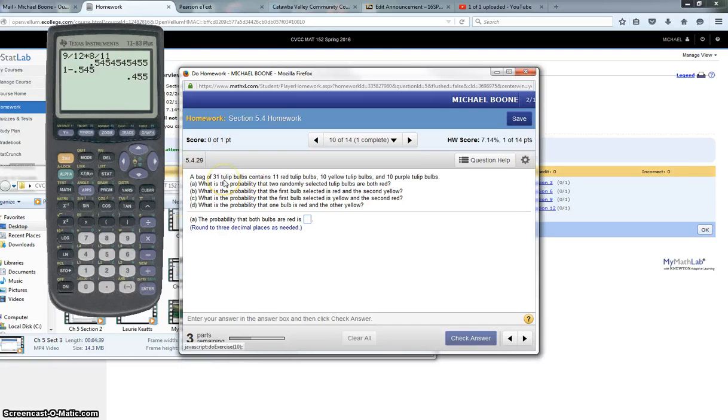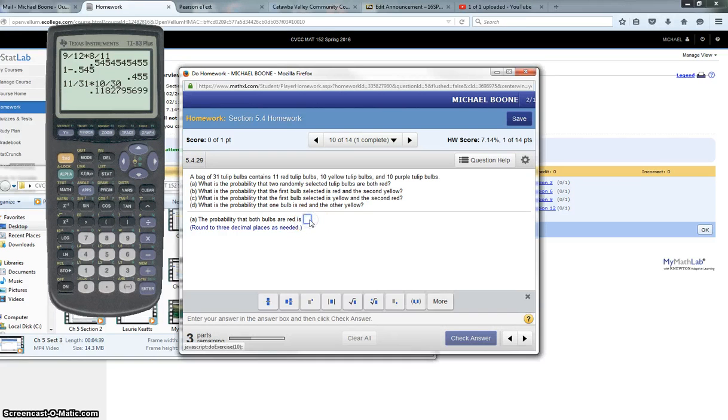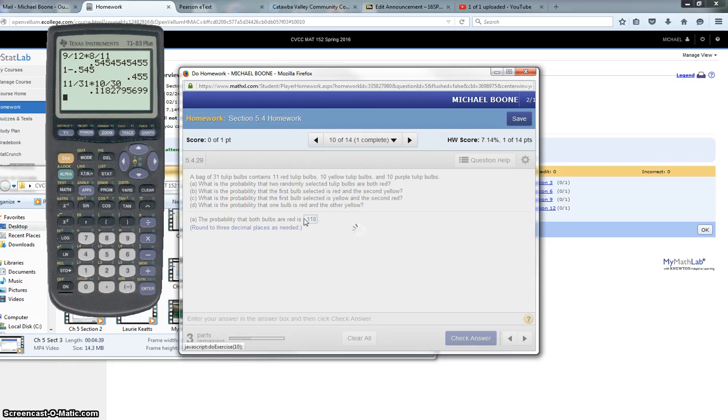Well, if I have 31 tulips and 11 are red, I would have 11 out of 31, and the probability that the next one would be red would be 10 out of 30. So again, both red, but my probabilities changed based off of that first draw. So 0.118 to 3 decimal places.